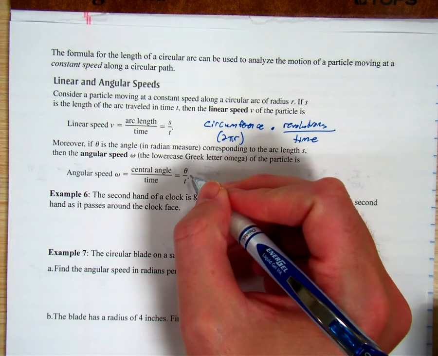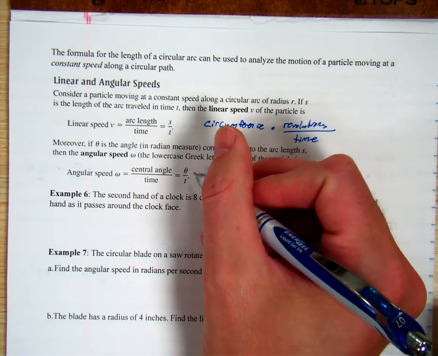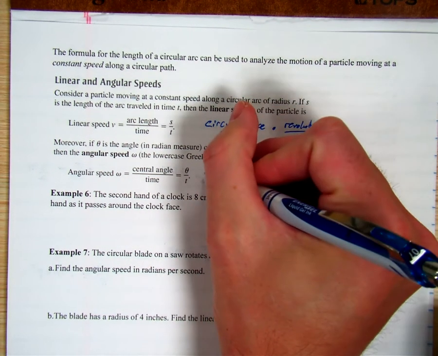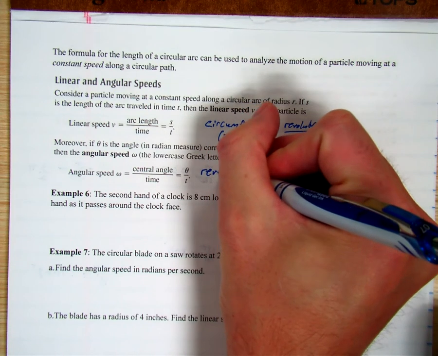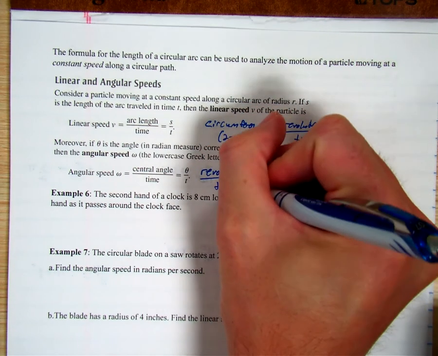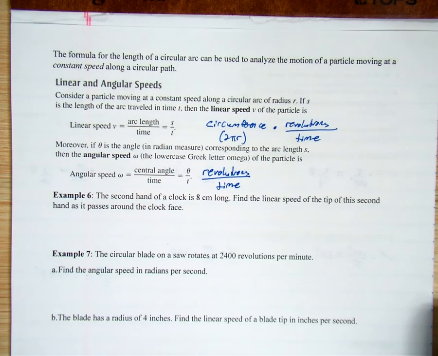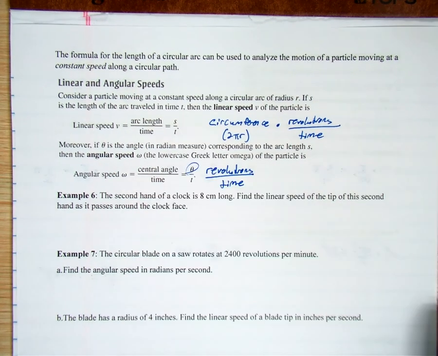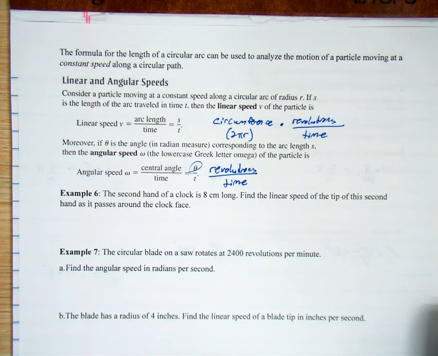It's going to be your angle divided by time, or revolutions over time. And this is in radians, so you need to change that to radians.